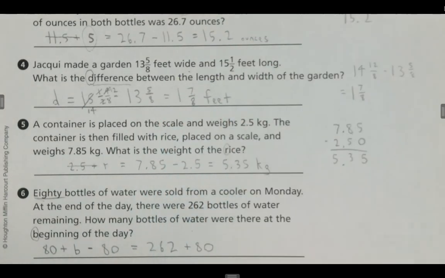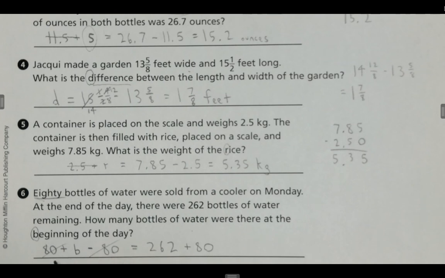I want to make sure this is really clear. 80 plus B minus 80. This clears out this side of the equation so that we're left with just B, equals 262 plus 80. Let me say this again. Our goal was to take an action so that the only thing left on this side of the equation was the variable B. In the beginning, the equation had B minus 80.